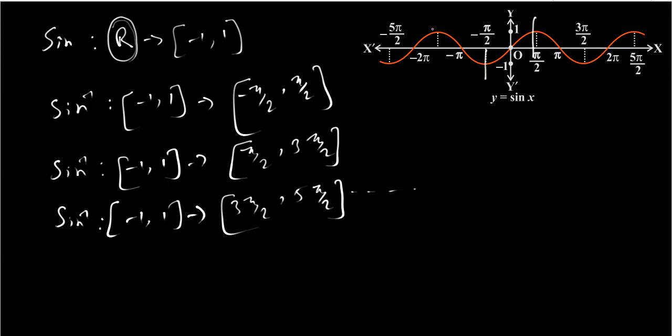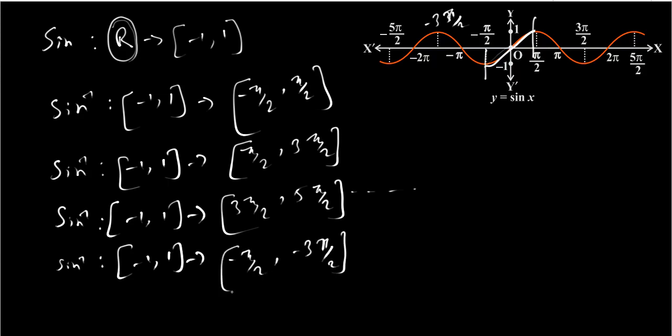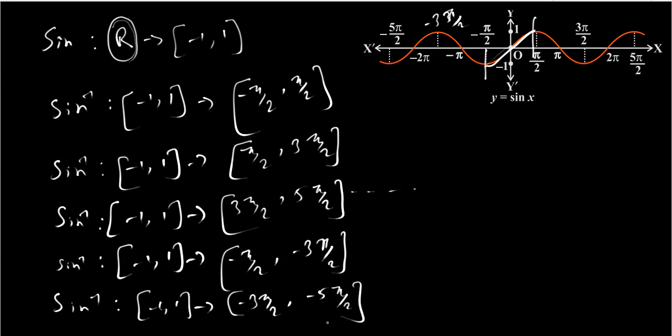From minus pi by 2, this is minus 3 pi by 2, so this region we have taken already. Now minus pi by 2 to minus 3 pi by 2: sine inverse from minus 1 comma plus 1 to minus pi by 2 to minus 3 pi by 2. And sine inverse from minus 1 comma plus 1 to minus 3 pi by 2 to minus 5 pi by 2. And on the negative side also it will go like this.